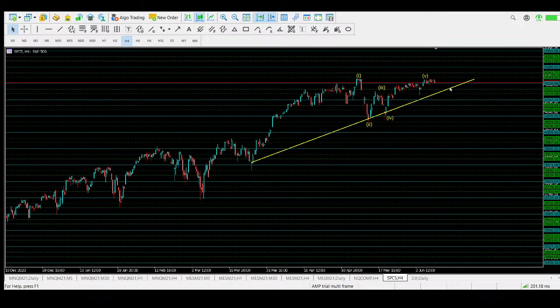If it fails to hold above 4216 or 4217, we'll be looking at 4192, 4174, 4175, and 4147 or 4148. But yeah, you can see what's happening in the S&P 500. It's been struggling around that level there, 4216, 4217.